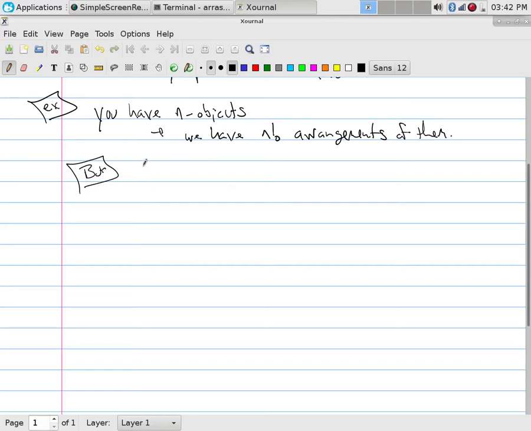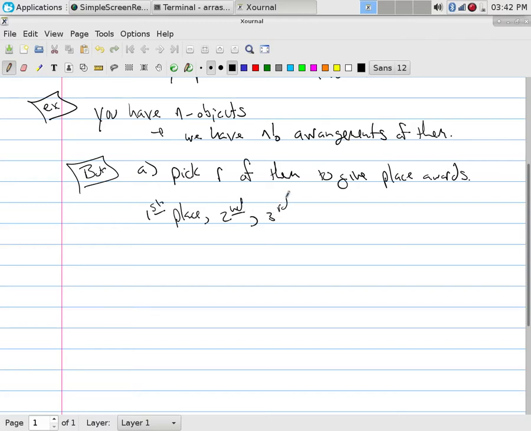But let's say rather I wanted to pick r of them to give place awards. In other words, I'm interested in first place, and then second, and then third, and then all the way down to the rth place.